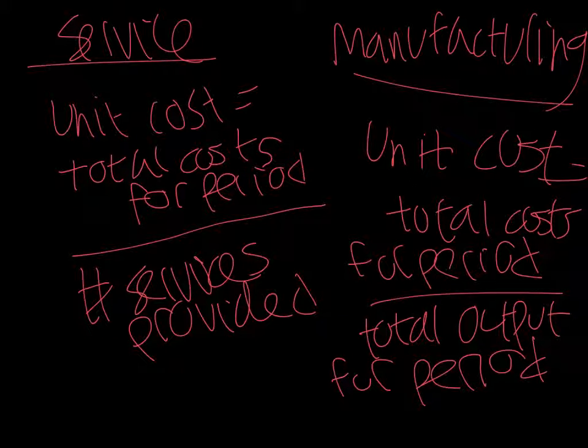Notably, the main difference is the number of services provided for service businesses, while manufacturing firms have the total output for the period. Next, I will discuss the different types of work in process.